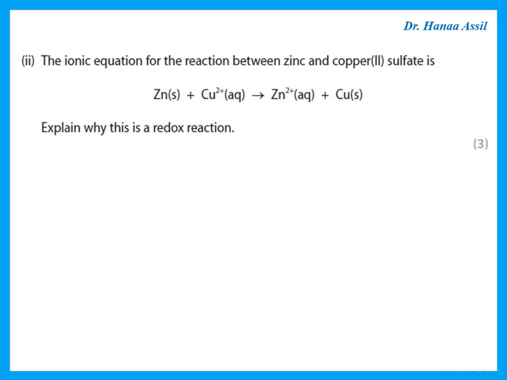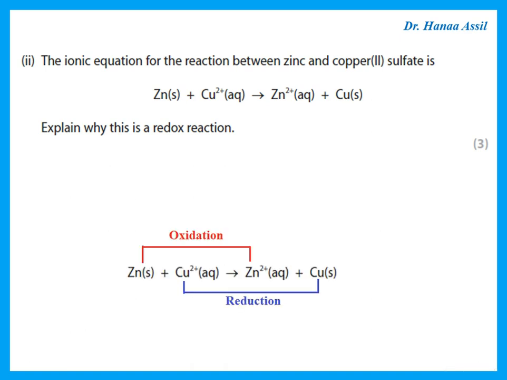The ionic equation for the reaction between zinc and copper sulfate is this. Explain why this is a redox reaction. Again, when he says this question, we need to say because something happened that is oxidation and something happened that is reduction. So in this equation, where is oxidation, where is reduction? The zinc changed to zinc 2 plus.